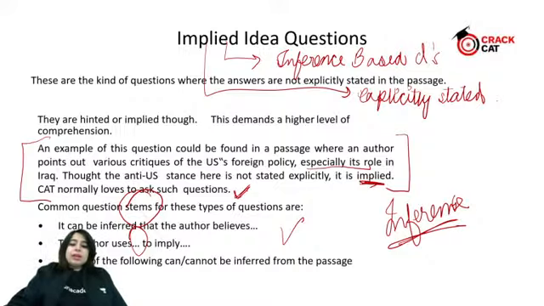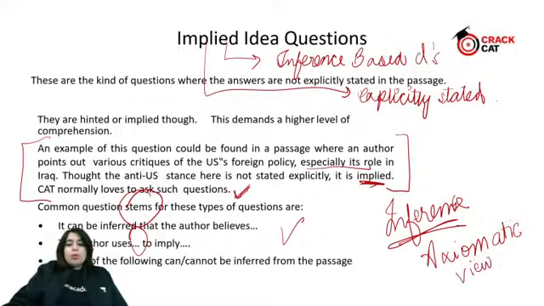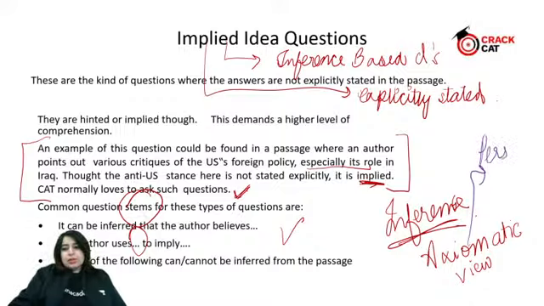One more thing that you really need to remember before going about such questions is that it's very easy to form an axiomatic view. What is an axiomatic view? An axiomatic view is your personal take on things. You're not allowed to have a personal take on things.